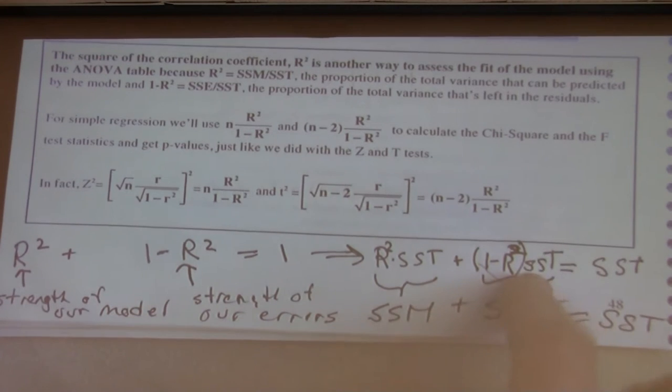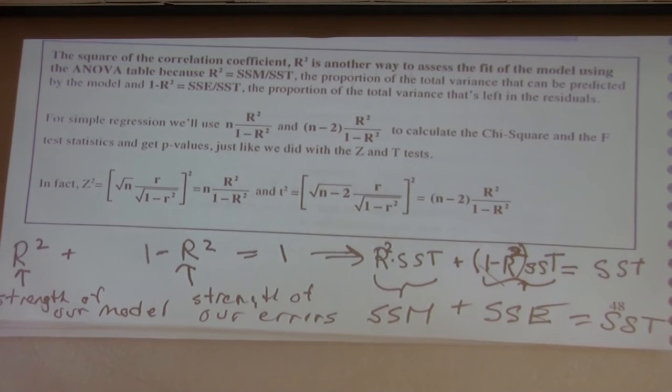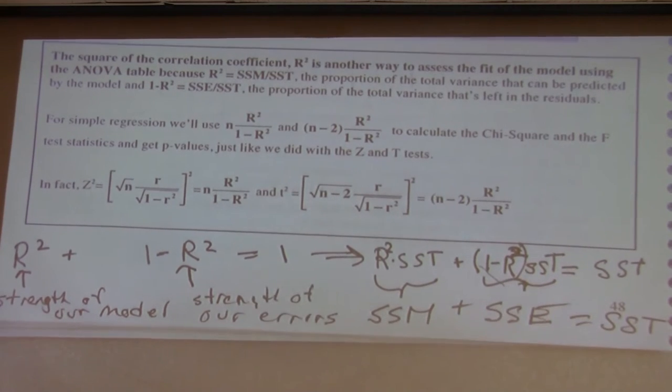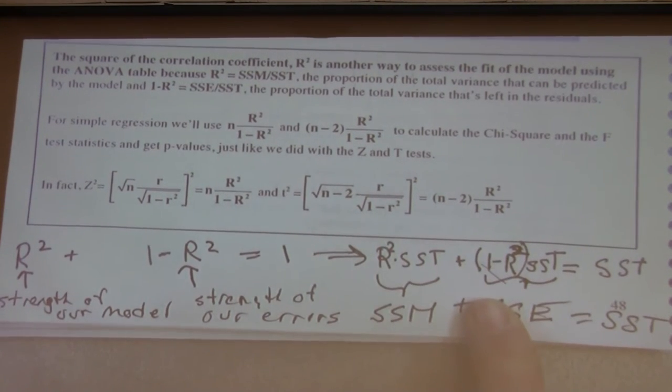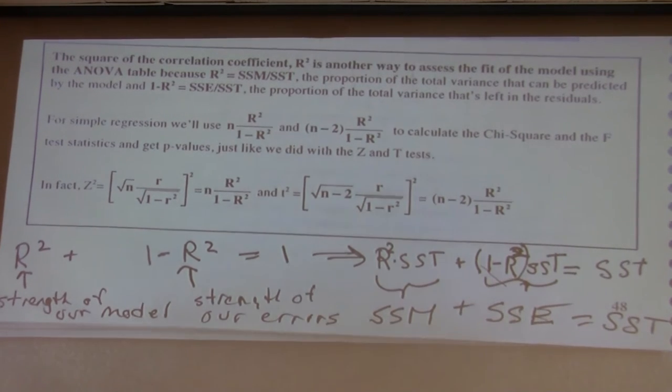So it's very useful because R squared is given to you in all regression analysis. Basically, these statistics that you get are just the ratio of R squared over 1 minus R squared times some factor that depends on your sample size and how many parameters you have in your model. That's the crux of all your F statistics: R squared over 1 minus R squared. You can probably see that was true of our z statistic too, for the slope.